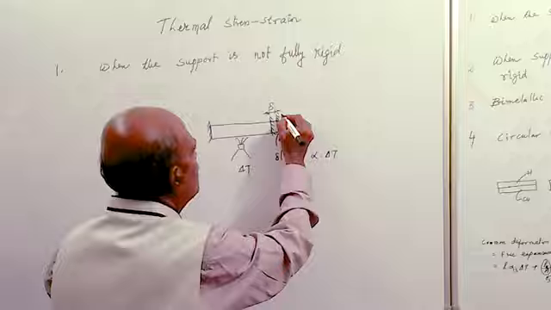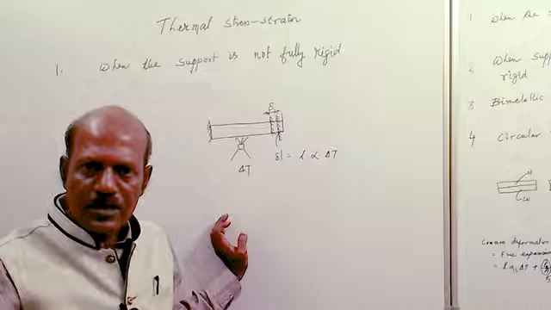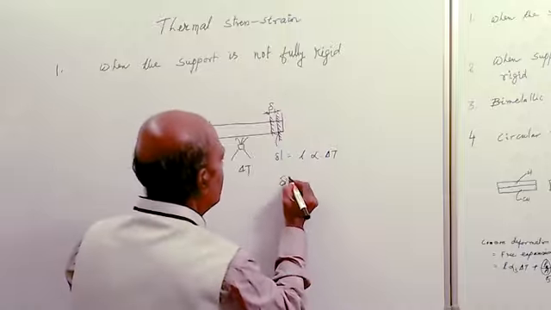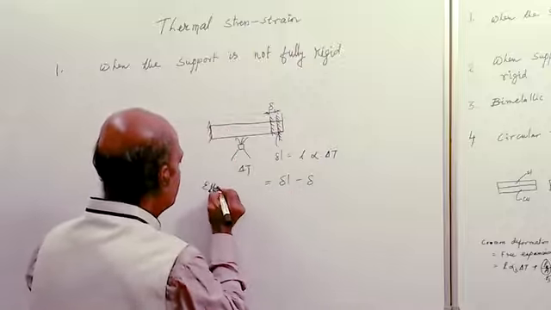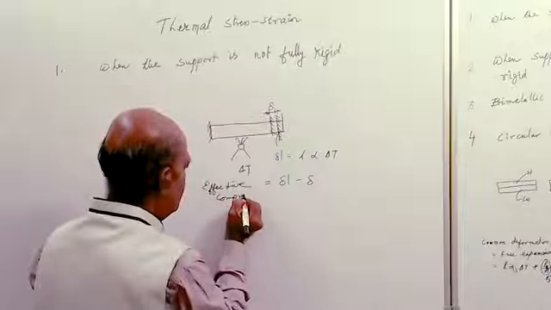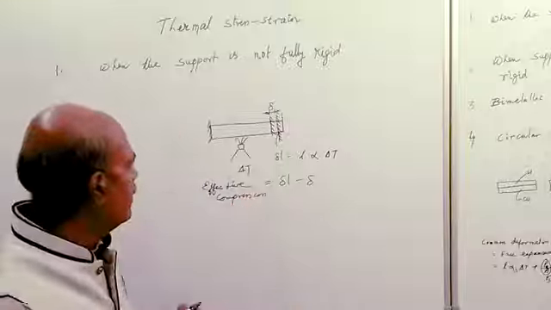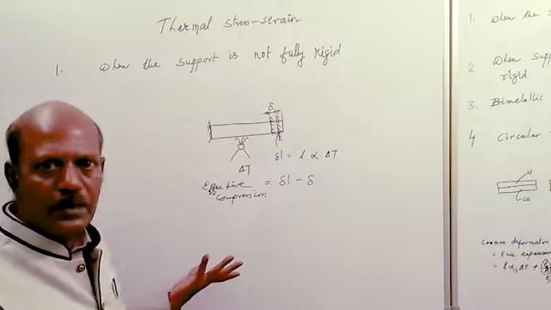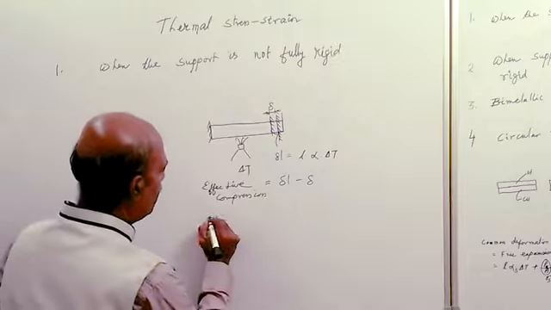So that expansion, or we can say the effective contraction of the member, is given by delta L minus delta. This is the effective compression. So the effective compression of the member is given by delta L minus delta, and the original length of the member we know as L.